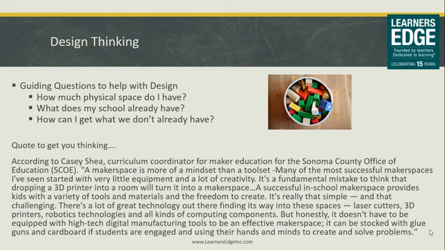Some of that is really thinking about the actual physical space. So talk to us about your physical space and how you figured out what you already had and options for securing the additional equipment and materials that you wanted.